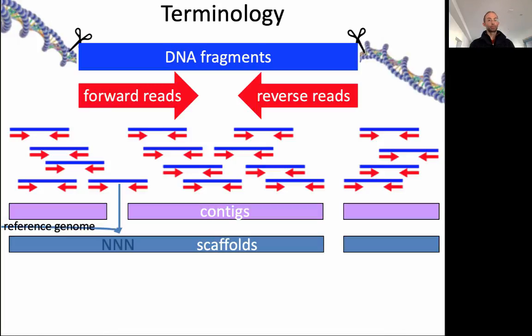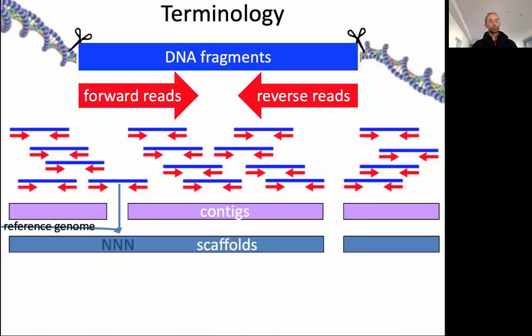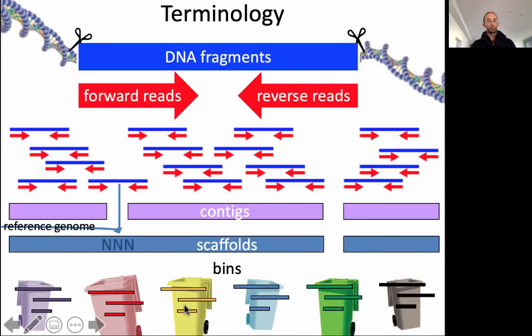So multiple scaffolds then, this is the last step of genome assembly, and this is specifically important for metagenomics. Multiple scaffolds might be combined together into bins. And so bins represent scaffolds or possibly contigs as well that are derived from the same genome.